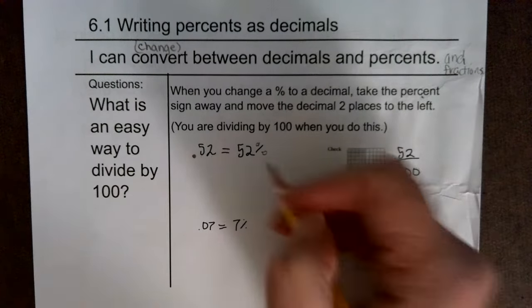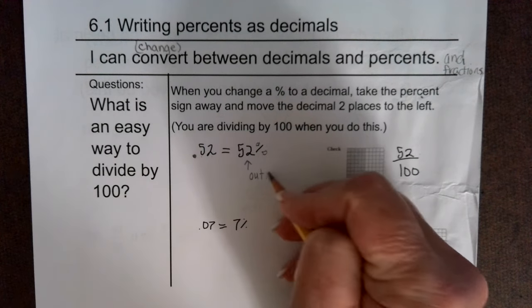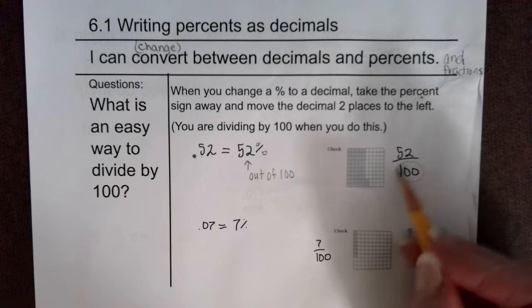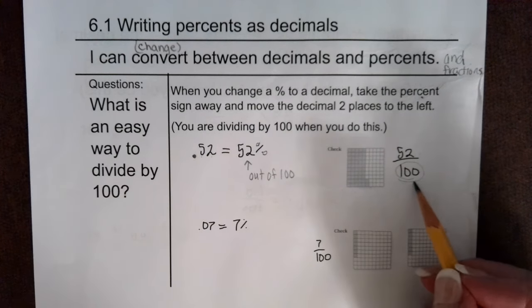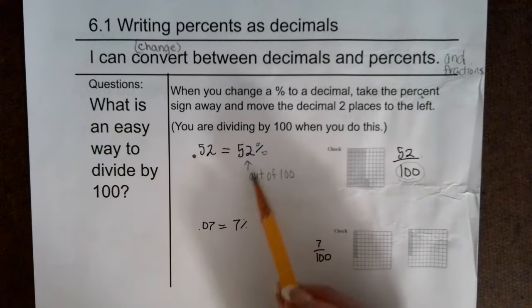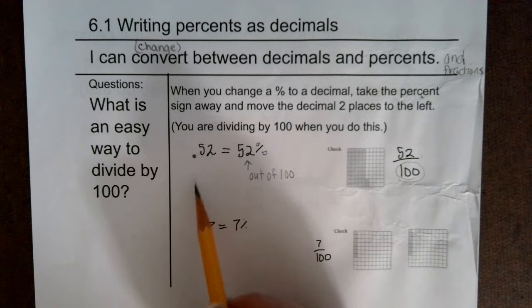When we are talking about percents, percents mean out of 100, which is going to give us our denominator on our fraction. So 52 out of 100, 52%, and 52 hundredths are three different ways to write the same value.